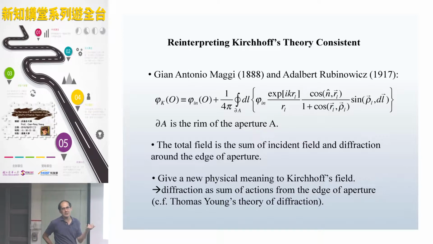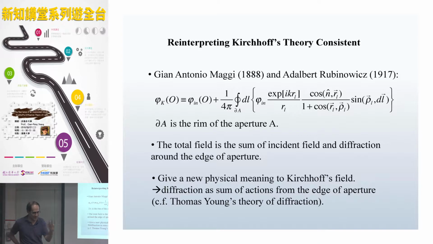And another thing to consider is that from the early 20th century on, some scientists were trying to give reinterpretations of the Kirchhoff formula. That kind of work started in the late 19th century, and then continued into the early 20th century by two individuals: Antonio Maggie, who was a student of Kirchhoff in Berlin but later went back to Italy and became a professor there, and Albert Rubinowicz, who was Polish, a student of Sommerfeld.